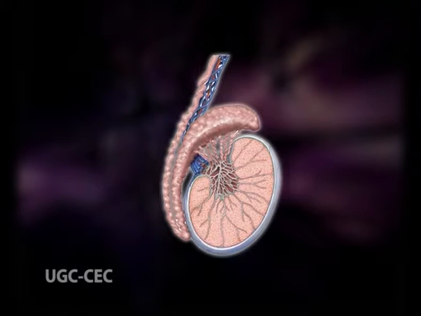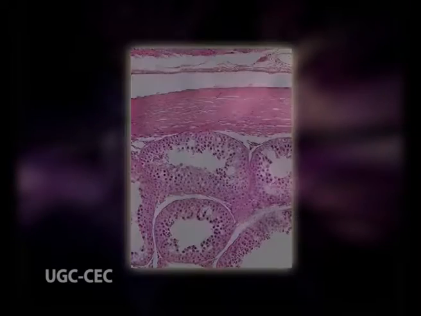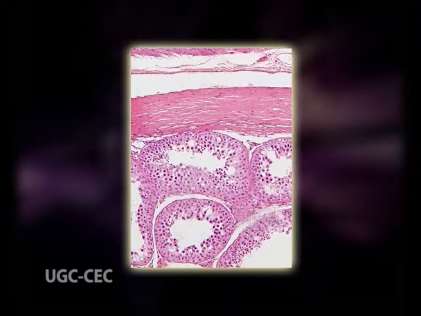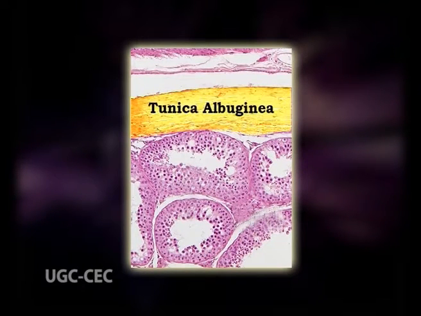Testis. The right and left testis produce the male gametes or spermatozoa. Each testis is an oval structure about 4 cm long. Each testis is enclosed in a thick connective tissue capsule called the tunica albuginea.